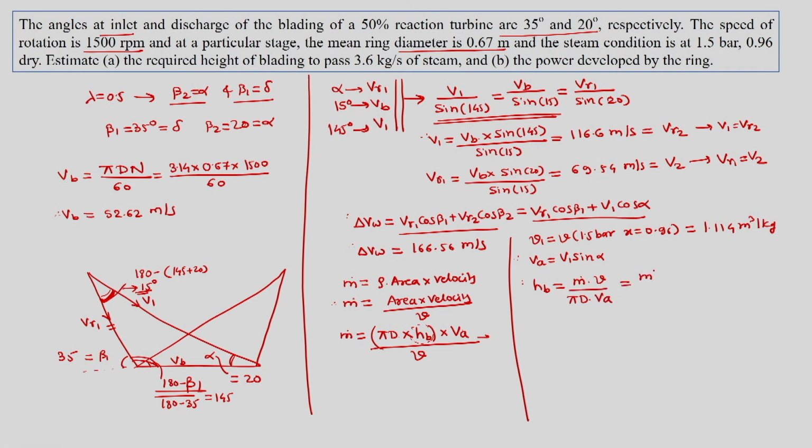Since m dot is 3.6, specific volume is 1.114, pi is 3.14, d is given to us as 0.67, into V1, and V1 is 116.6 into sine of 20, and this gives us HB, which is basically 0.047 meter, which is 47 mm.